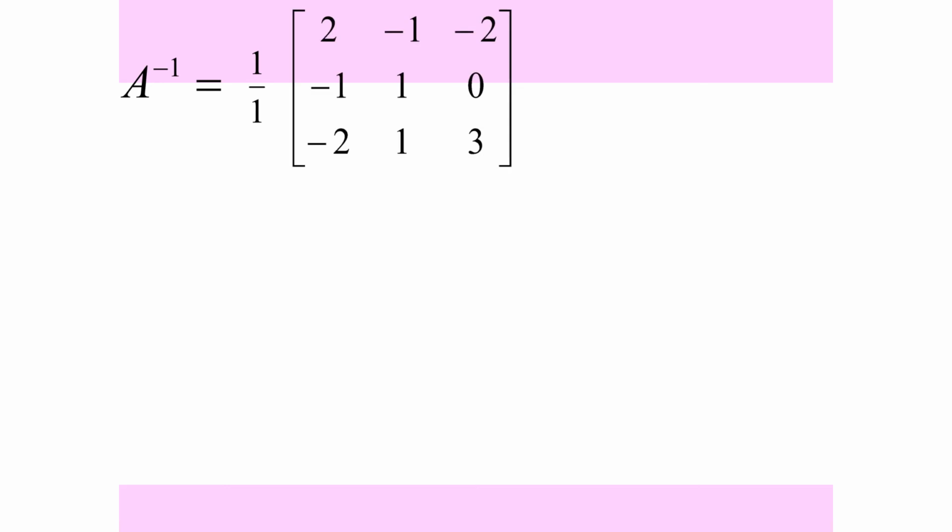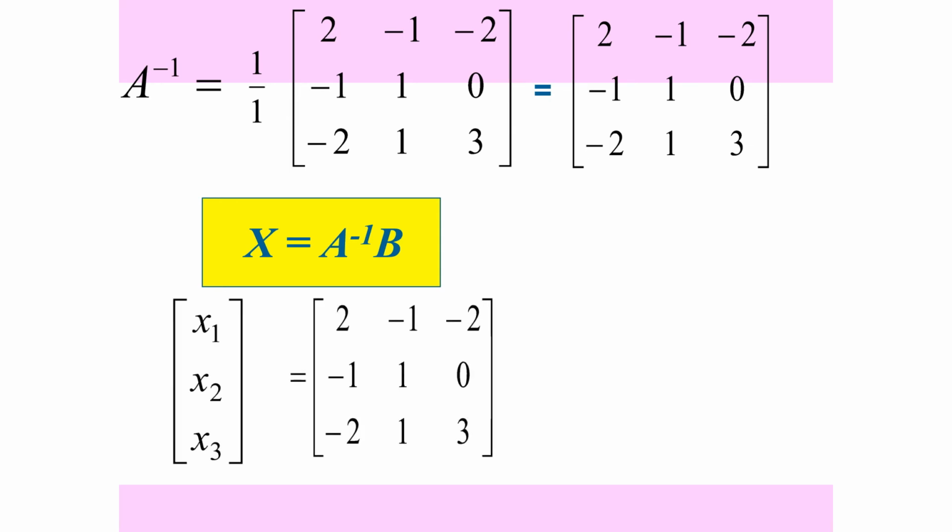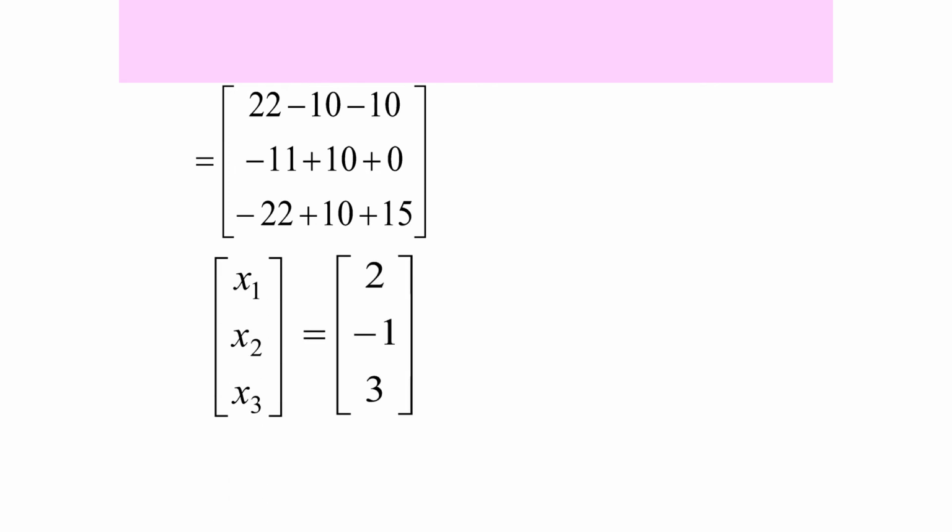Then the inverse matrix will be 1 over determinant multiplied by the adjoint, so you will get the inverse matrix of A. And then by using X = A inverse multiplied by B, you can get all the variables needed in this question, which is x1 = 2, x2 = -1, x3 = 3.